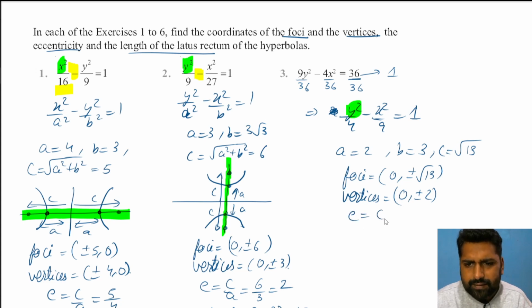Then eccentricity again C by A, latus rectum 2b square by A. So nothing new as such. C is root 13 by A is 2.